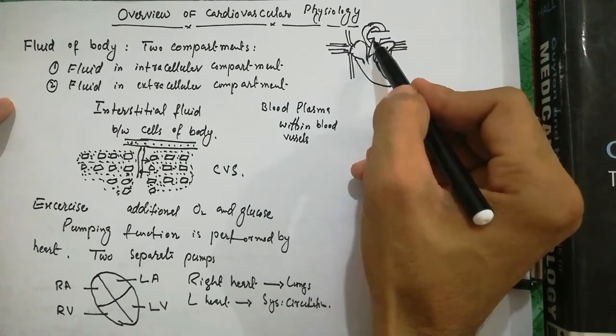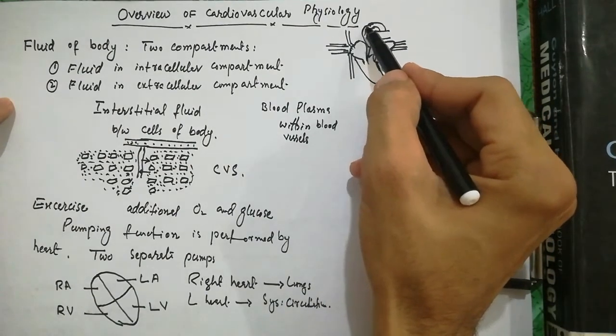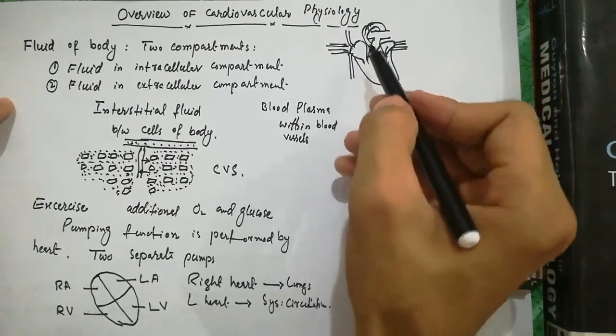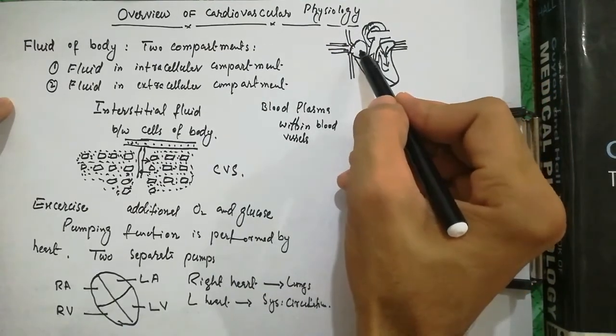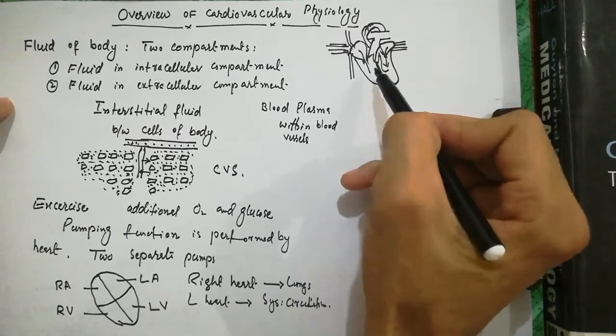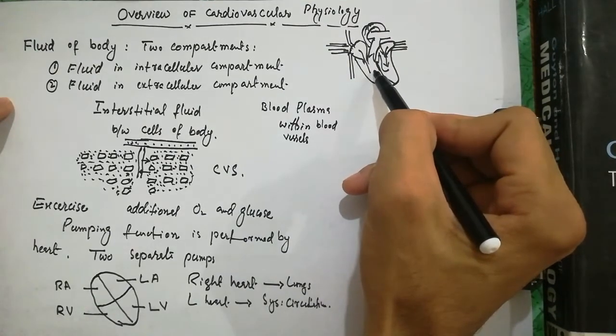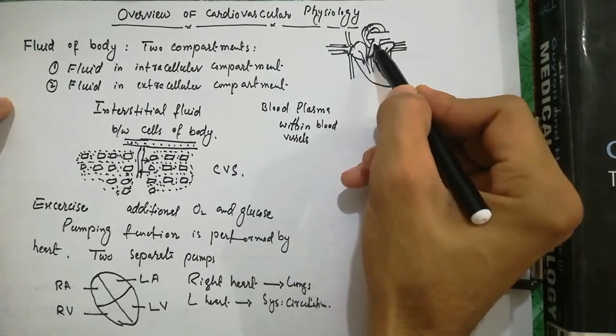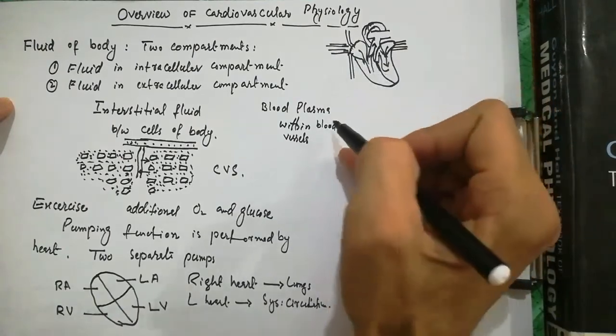And from the right atrium into the right ventricle, and then from the right ventricle into the pulmonary arteries.